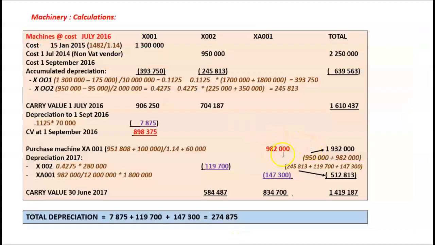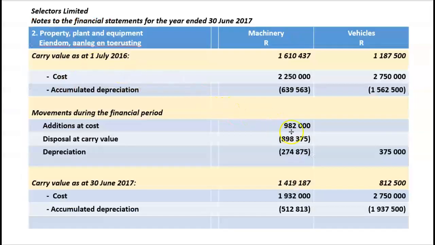So here's our total, 982,000. Our total rate would have been 982 divided by 12 million, and that multiplied by 1.8 million units gives us 147,300 depreciation for the year. Also here, we know that we have to show additions at cost price on our IAS 16 note, so we can insert the 982 as well immediately in the right slot.